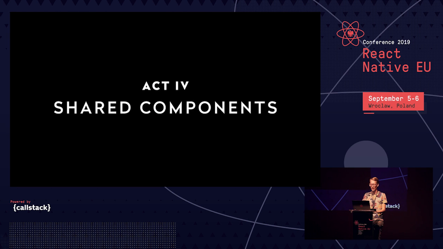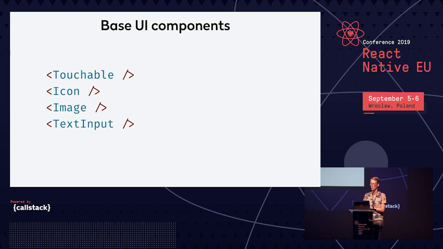All right, let's talk about sharing actual component level code. But there's one more thing we have to do, and that's to define a small set of base UI components. And by that, I mean the sort of components that are entirely platform dependent and just need a completely different implementation. And it's not a long list.